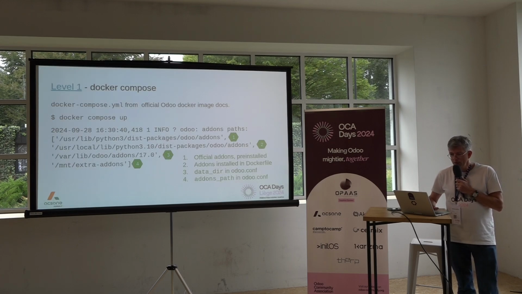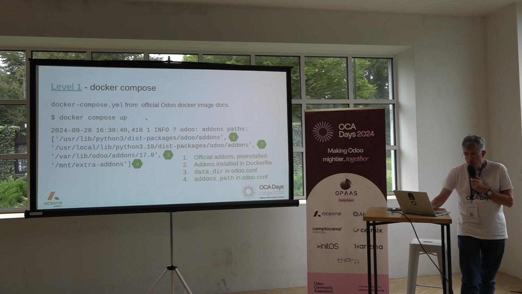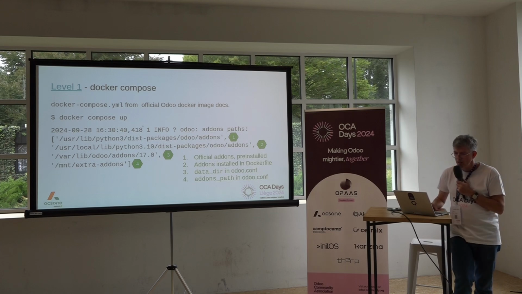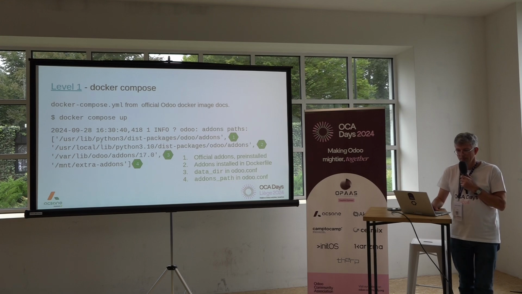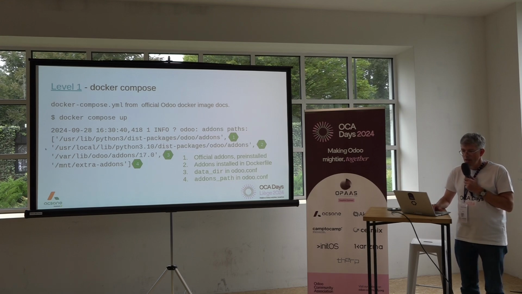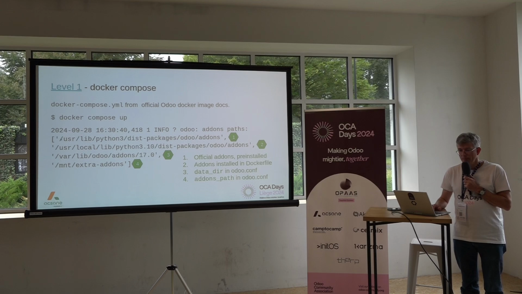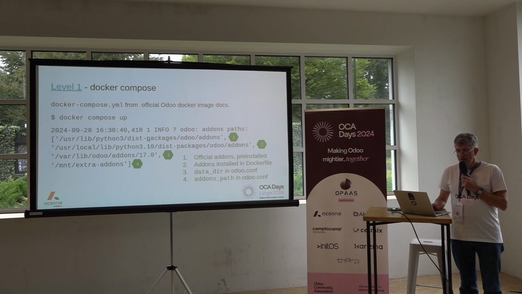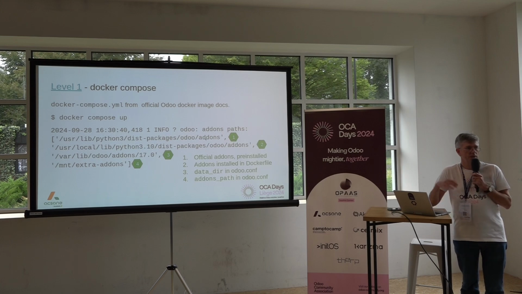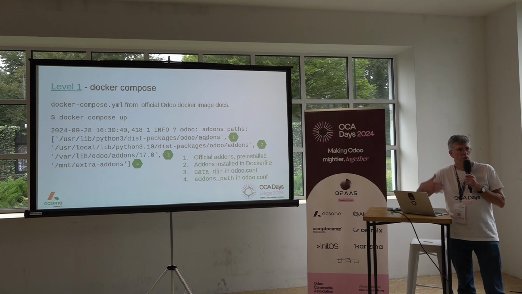And when you do a Docker Compose up to boot your instance, the interesting thing to note is that you have this add-ons path that Odoo is using, and there are 4 parts in it, and it's important to understand where those come from. The first part is /usr/lib/python3/dist-packages/odoo/addons, and basically that is the add-ons from Odoo itself.